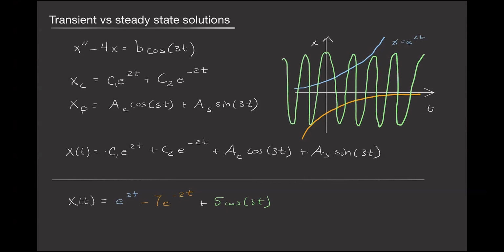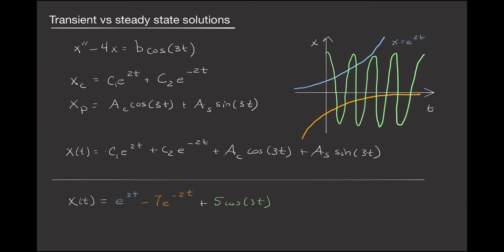Now, if we think about what happens as t goes to infinity, just looking at each one of these, the blue term goes to infinity. It certainly doesn't go to 0. The green term, 5 cosine 3t, doesn't go off to infinity or go to 0.